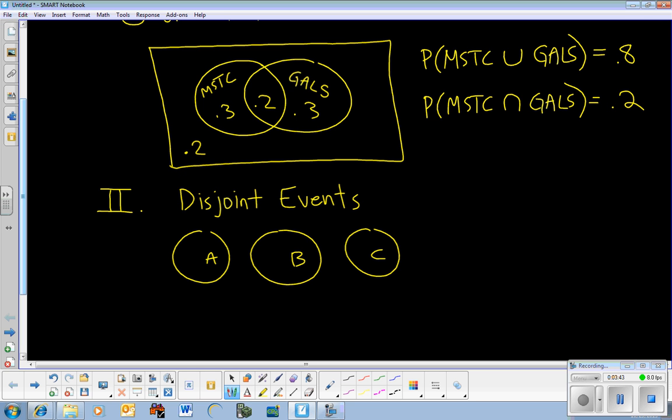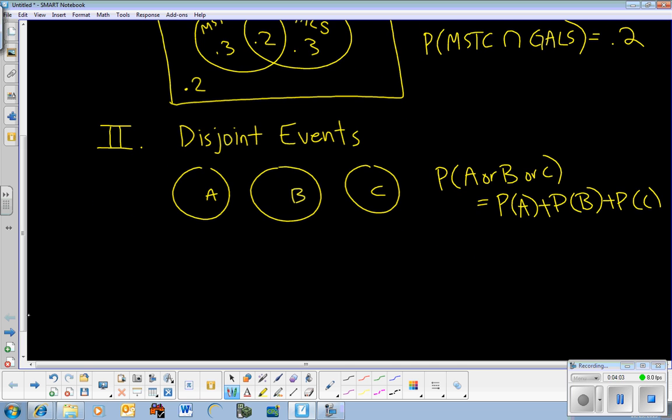So if I want to know the probability of A or B or C, then all I have to do is add them together. No overlap. And that one just kind of makes sense. If there's nothing to subtract, there's no overlap, then you just don't subtract it. But they're getting all these rules out officially in these sections.